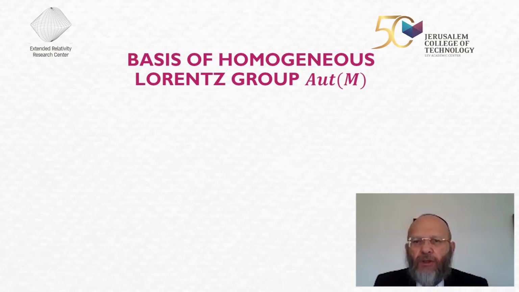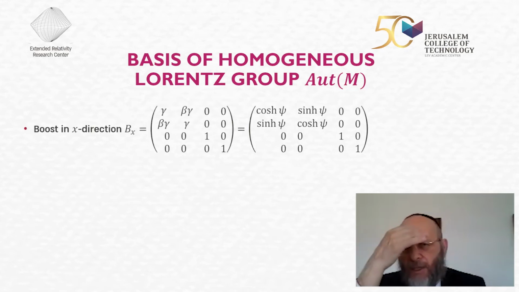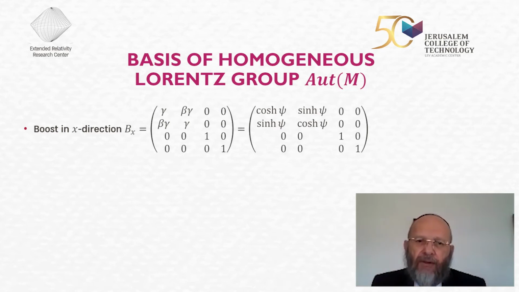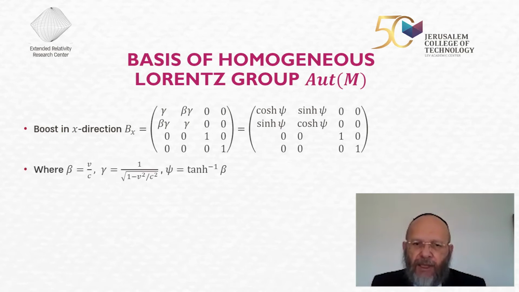Basis of this homogeneous Lorentz group. Now the transformations will be both in the x direction, which are given by the Lorentz transformation in this way, where beta is v over c, and gamma is what we have defined earlier.